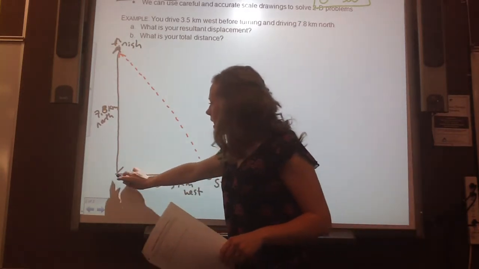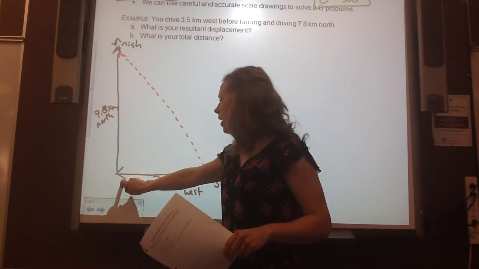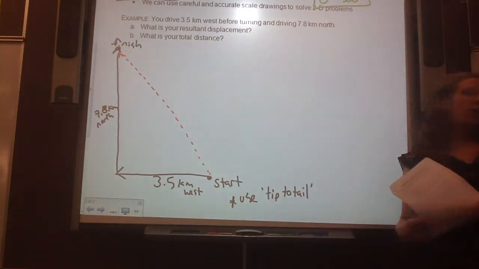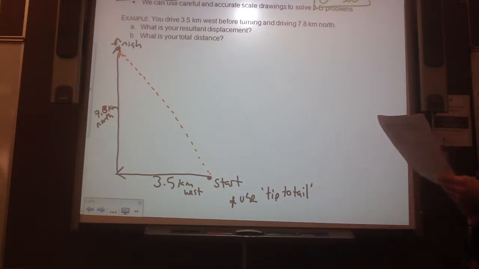You want to put the tip of this north vector to the tail end of the west vector. You don't have to, but it's easier when dealing with your vectors. You can still get the correct answer otherwise.